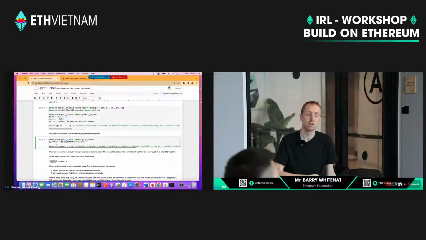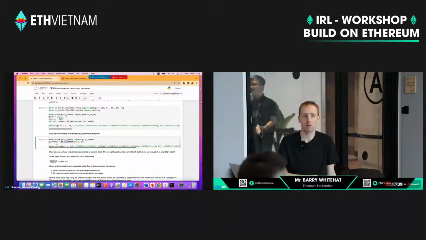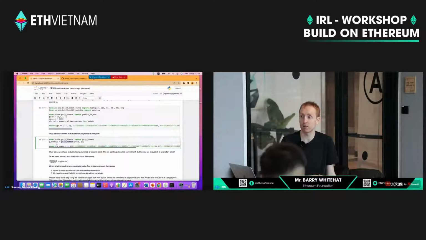So let's say we want to have a commitment to a polynomial. We want a polynomial that we can describe in the smallest possible way. So let's say that we have a friend that we trust, and we ask our friend to evaluate that polynomial at a secret point. Whenever they evaluate that polynomial at a secret point, they give us the result. They say, at the secret point, the value of this polynomial is 100.